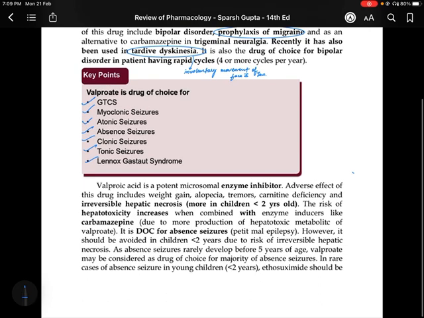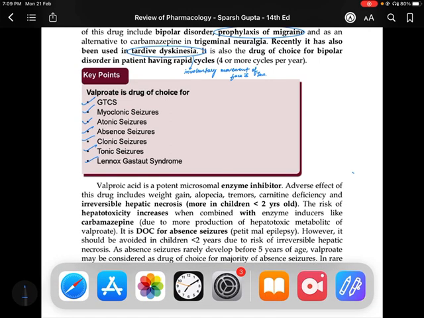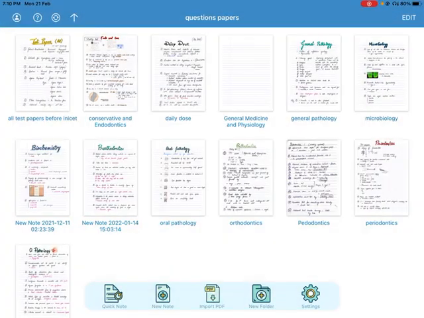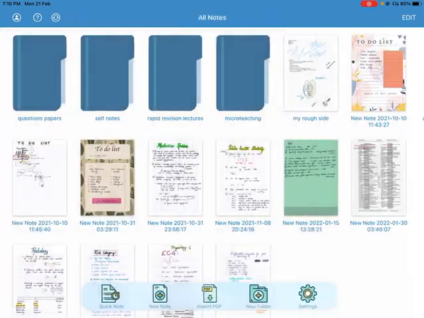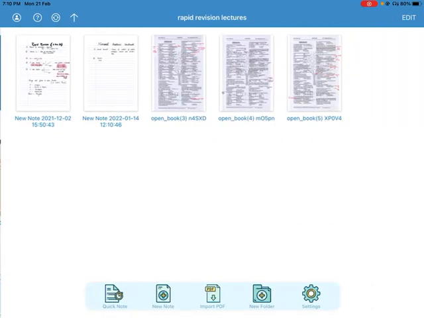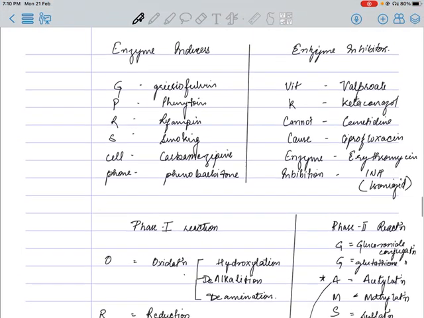Now, valproic acid is a potent microsomal enzyme inhibitor. So we had done enzyme inducers, and enzyme inhibitors are, what was it? Oh God, how can I forget? Vitamin K cannot cause enzyme inhibition.